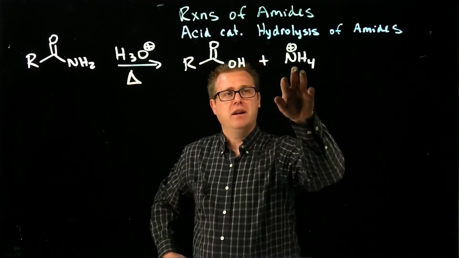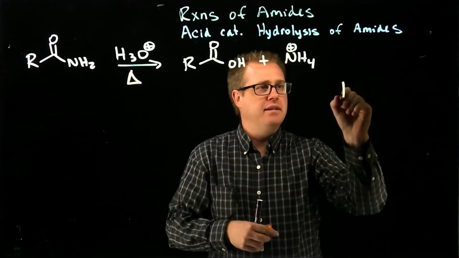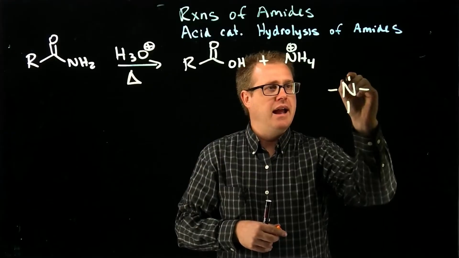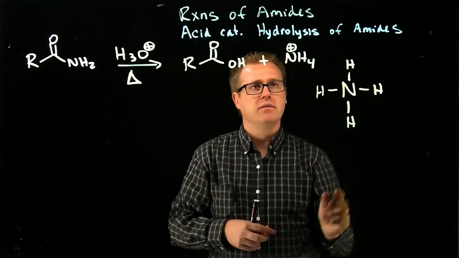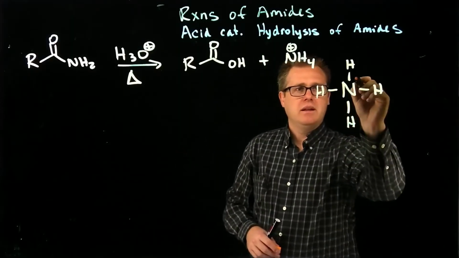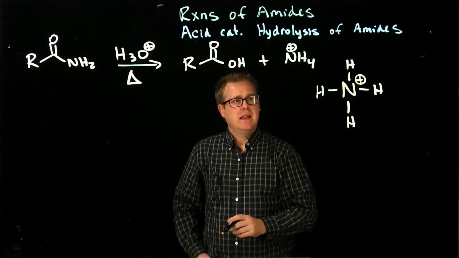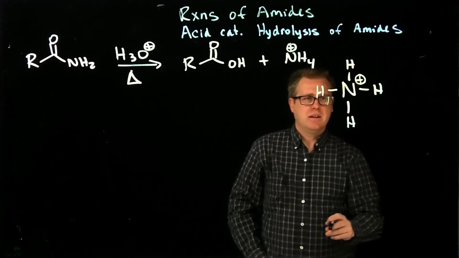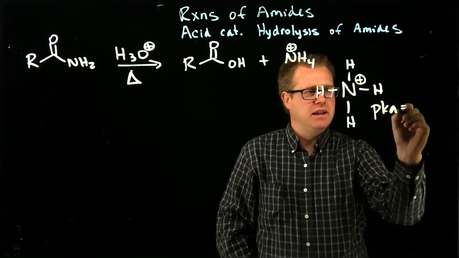We generate an ammonium. And when we expand out that ammonium, we see that it has 4 bonds. Okay? And its pKa is approximately 9.